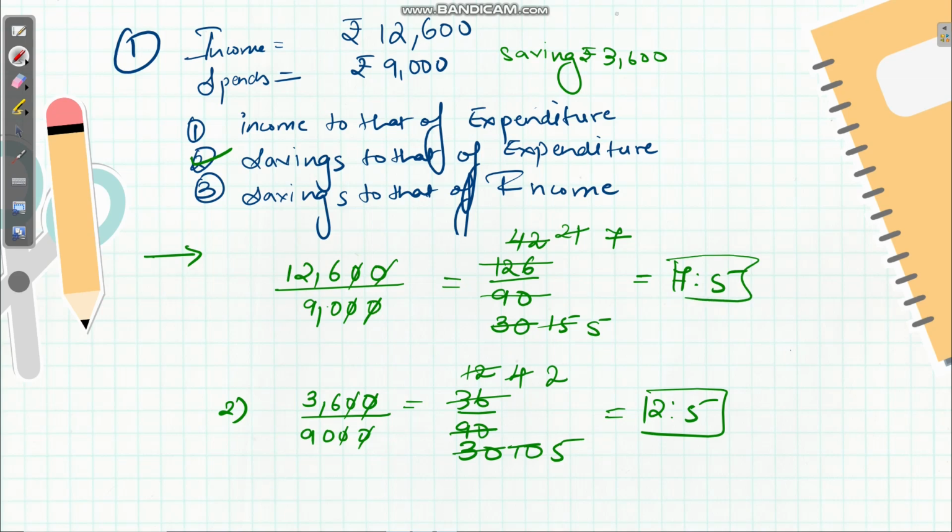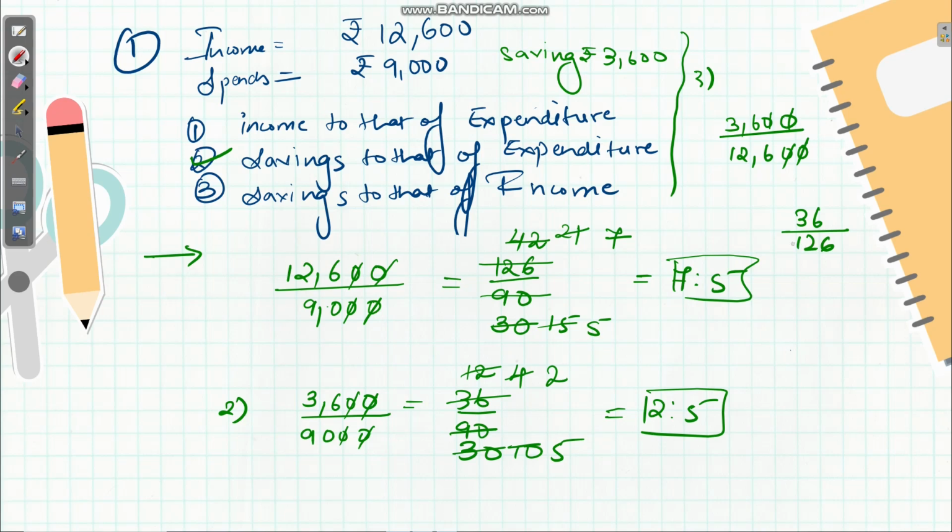Let's solve the third part. I'll solve it over here. The third question: saving to that of income. So what is the savings over here? Saving is 3,600, to that of income. Income is 12,600. Cancel this 0, this 0. Don't cancel this 6 and 6, okay, it is different. So it's 36 upon 126.